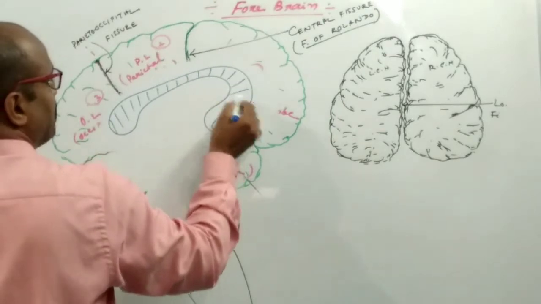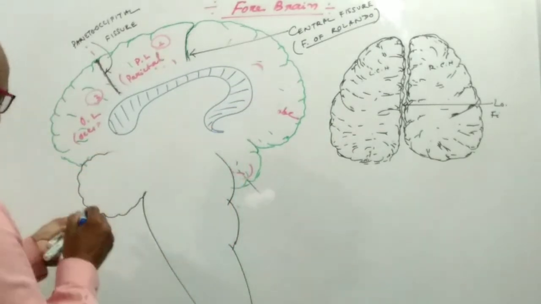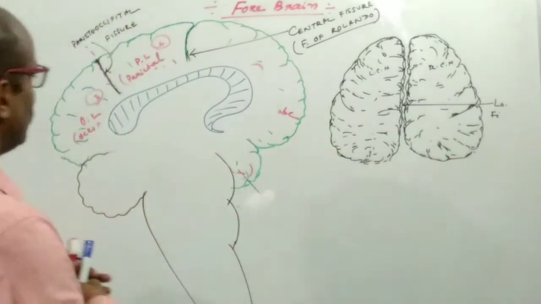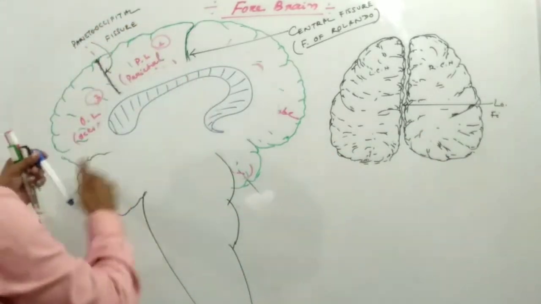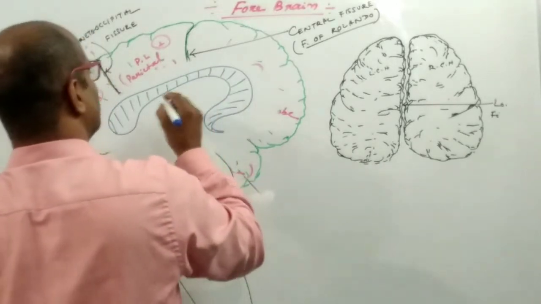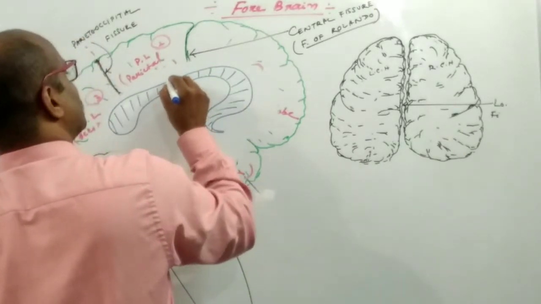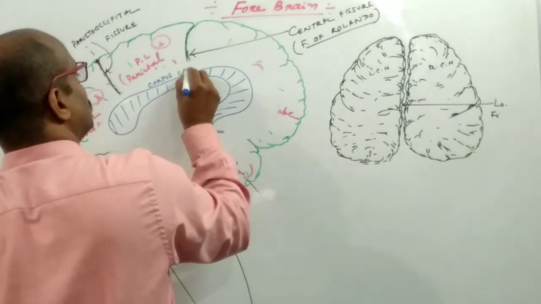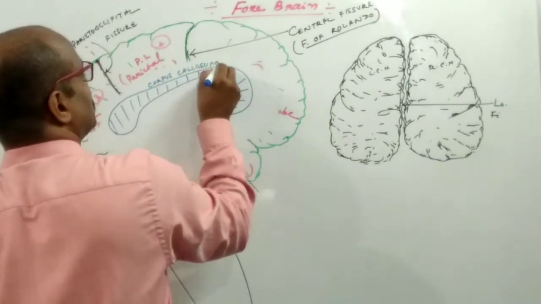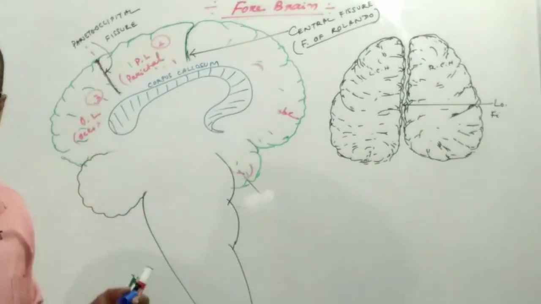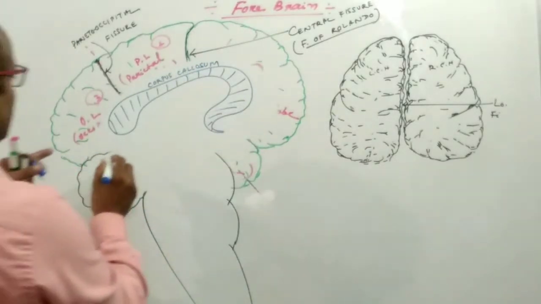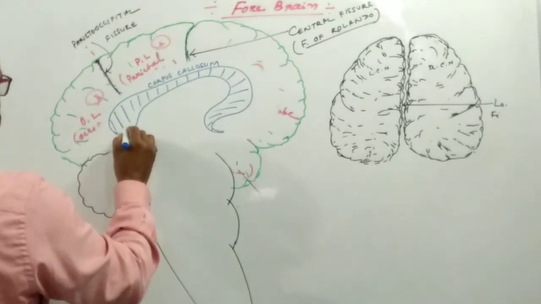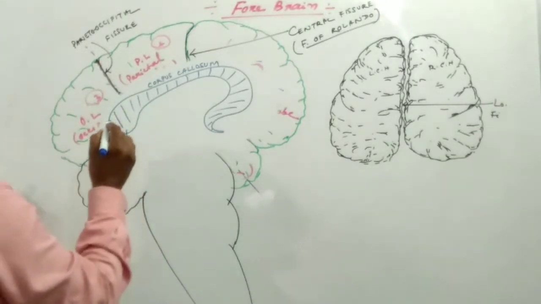So these 2 cerebral hemispheres are present on the nervous band, which is known as the corpus callosum. At the back side of this corpus callosum, there is a swollen body or mass which is known as the splenium.